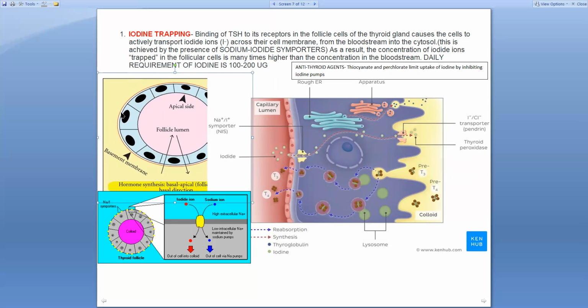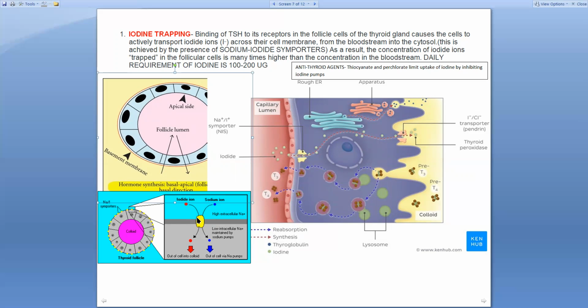As soon as TSH binds to the TSH receptor, the sodium iodide symporter, you can see in this diagram, transports both the ions in the same direction, symport.